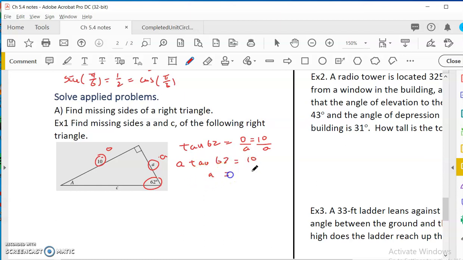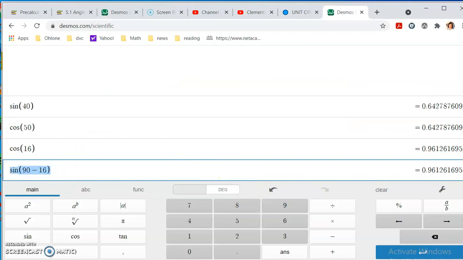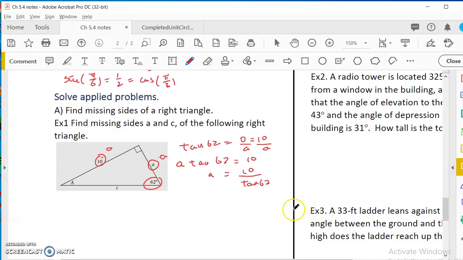So A would equal 10 over tangent 62. Put it in the calculator. 10, remember to check that it is in degree mode. Degree is clicked, 18.8. So this is rounded.